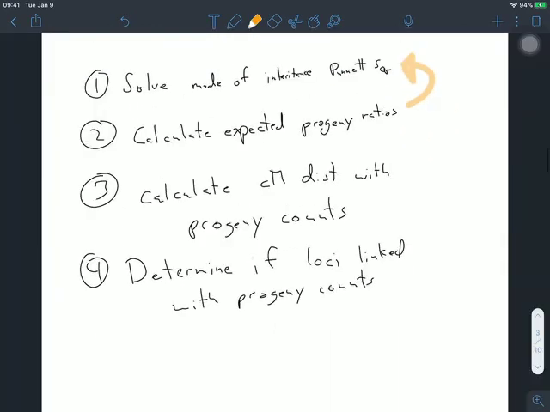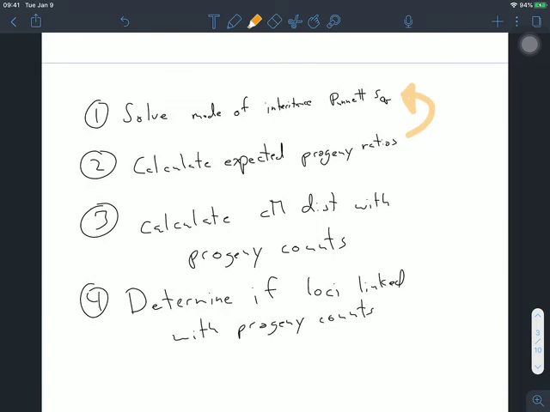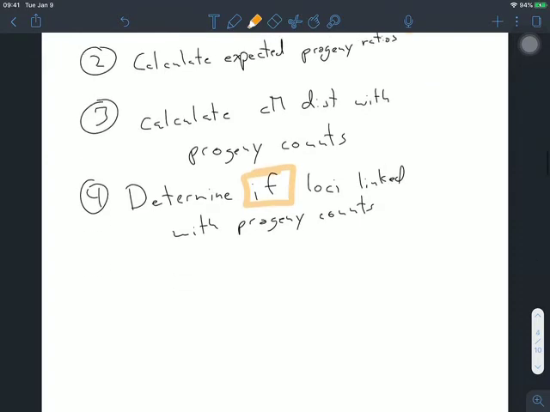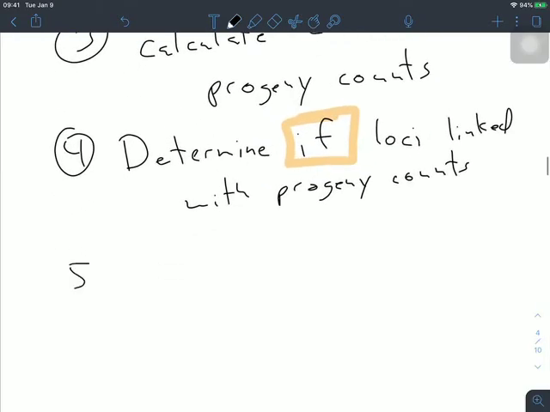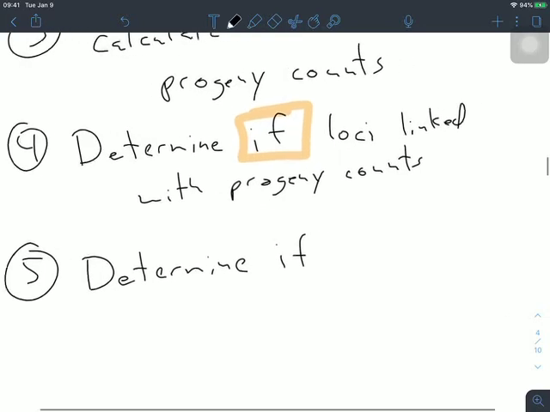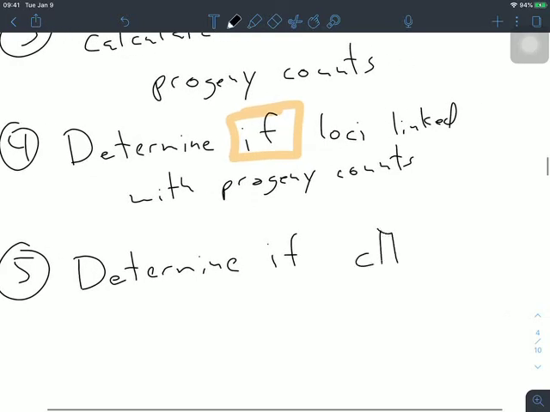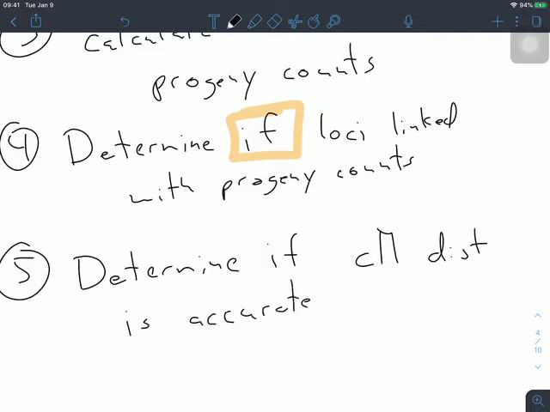You'll notice that the determine if statement is where you're going to be using chi-squared values, because our next and final type of problem that I'd expect you to be able to solve here is determine if the centimorgan distance is accurate between linked loci, given progeny counts.